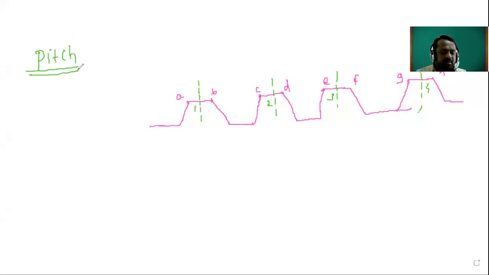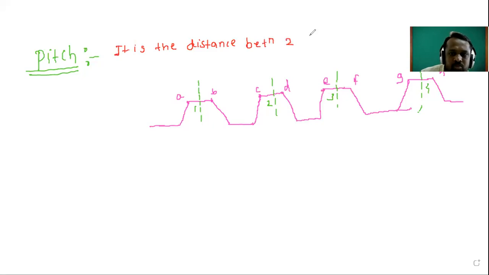Okay, pitch. I will write down a simple definition here. Pitch is nothing but the distance between two points which are similar and consecutive.